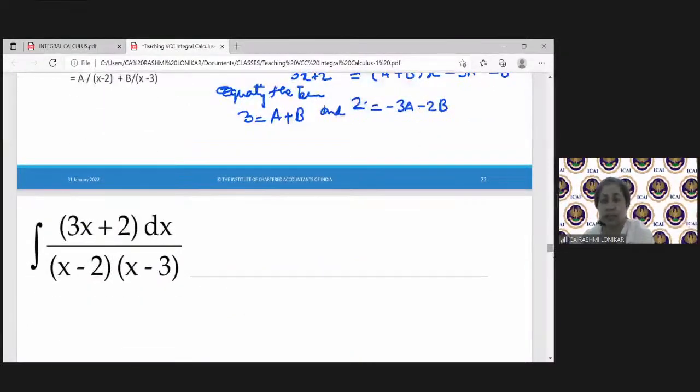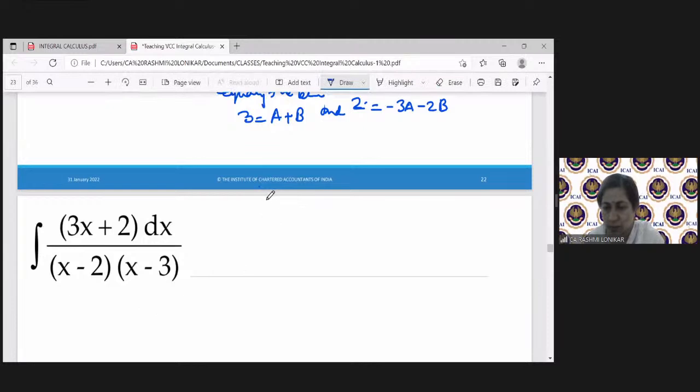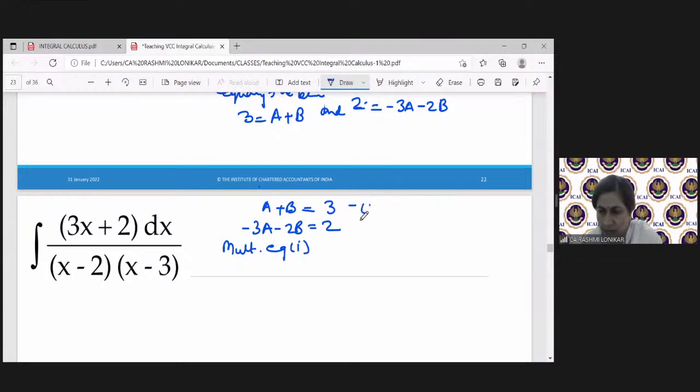Now using this, can you find the values of A and B? This is simple. I have simultaneous equations. A + B = 3 and -3A - 2B = 2. Multiplying equation 1 by -3, what do I get?